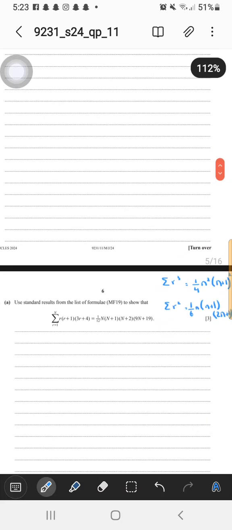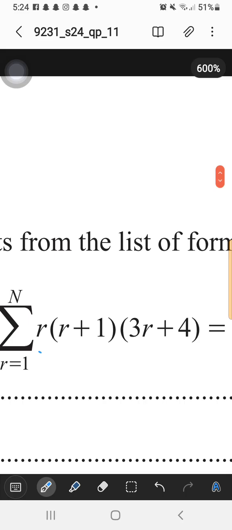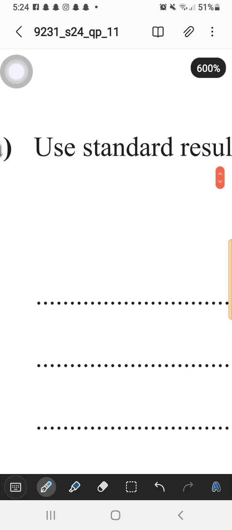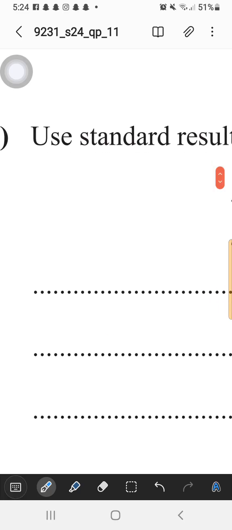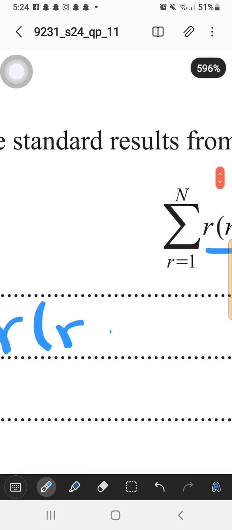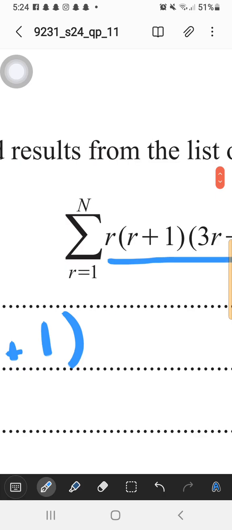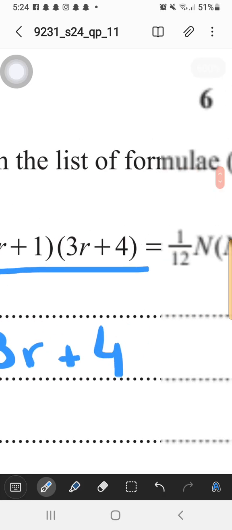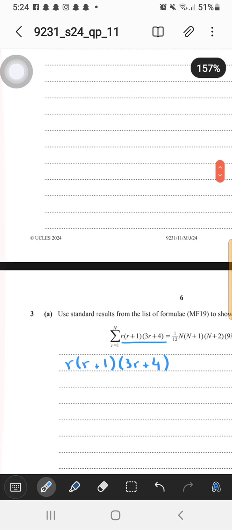Let's start this question by expanding this. The expression is r(r + 1) multiplied by (3r + 4). So we have to expand this.